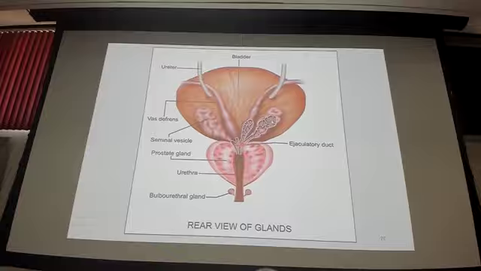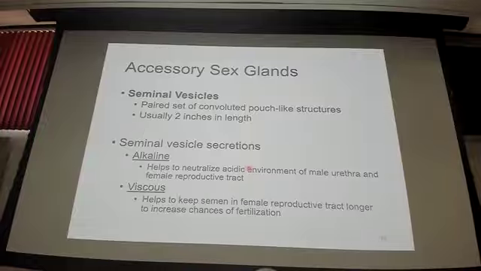Then we're in the prostate, the prostatic urethra here. It has little pores where the prostatic fluid comes in. Prostatic fluid, we'll talk about what's included in that. And then the bulbourethral glands or the Cowper's glands are a little bit inferior to the prostate, sort of right along the urogenital diaphragm, and they actually have their ducts that go directly into the spongy urethra. So we'll see those here in just a minute.